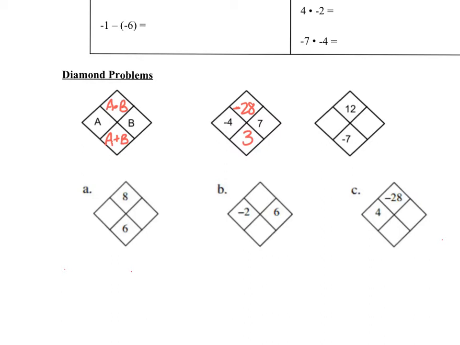So what I like to do in this situation is take the 12 from the top and write it off to the side, and then try to think of every way I can multiply two numbers together that would get me 12 as the answer. One option would be 1 times 12. Another option would be 2 times 6. And another option would be 3 times 4. And that's all the possible ways to multiply two integers to get 12.